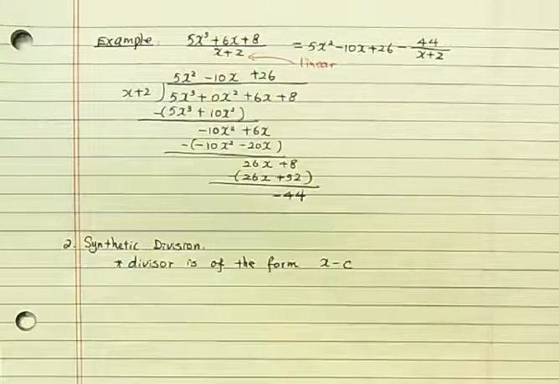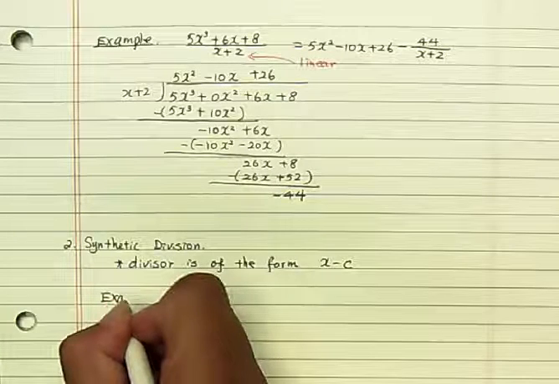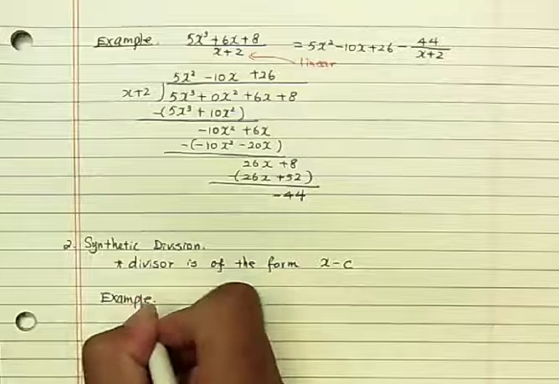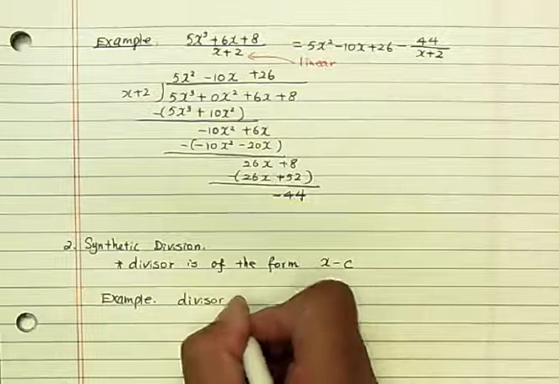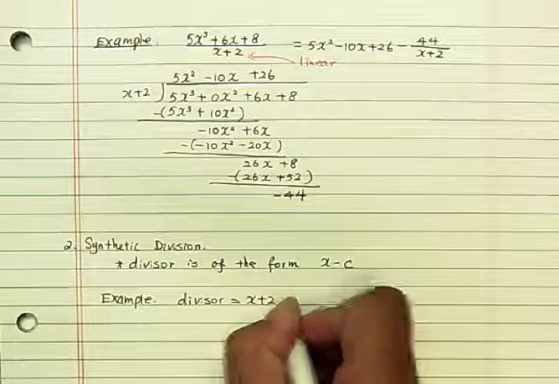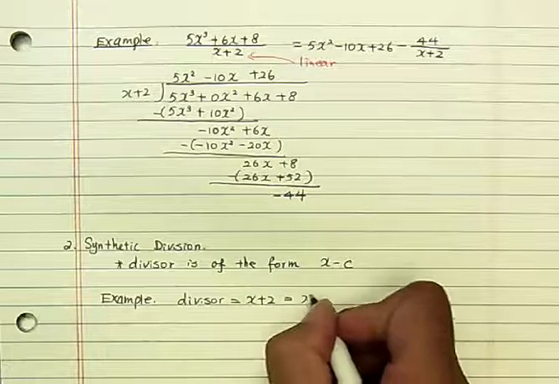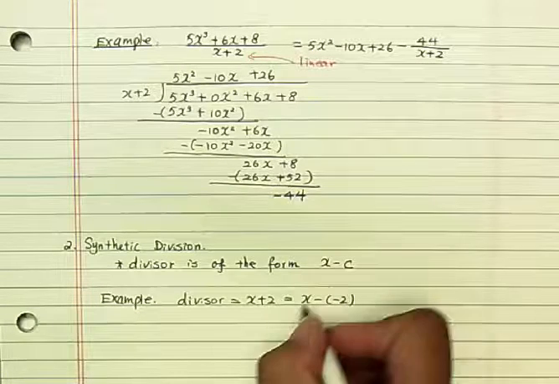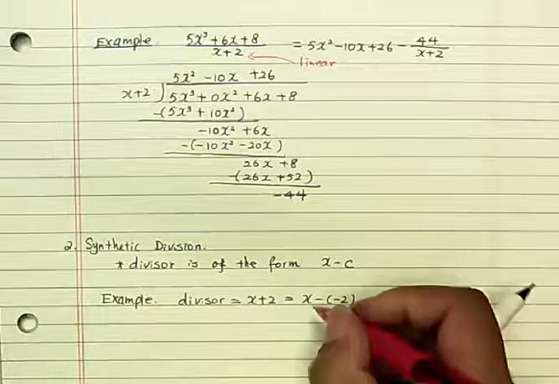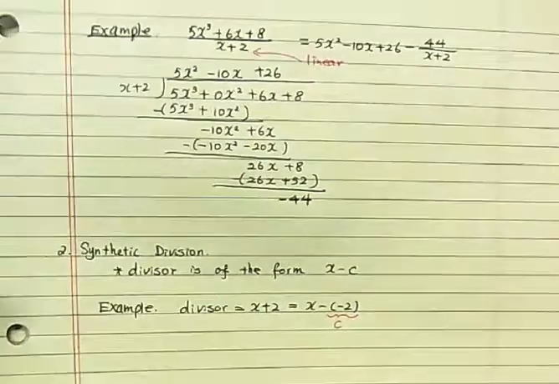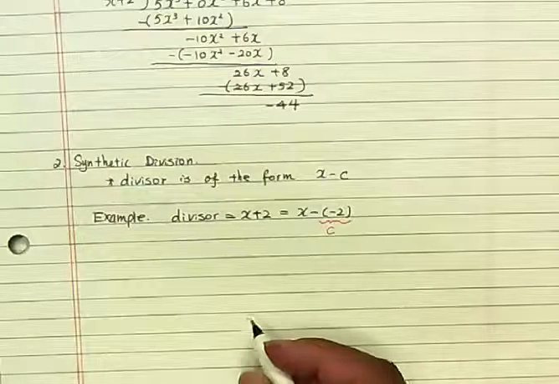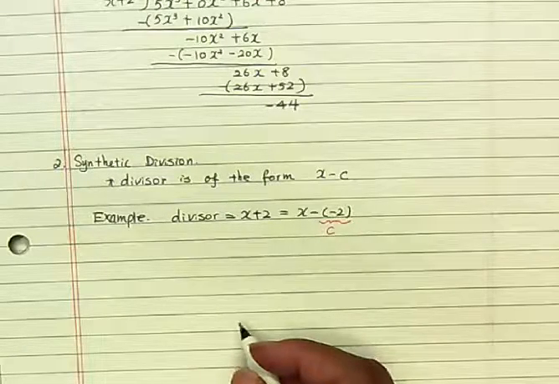Okay, let's take a look at the same example. If we look at the divisor, it is x plus 2. So let me write it as a subtraction. That will be x minus negative 2. So this is your c. How synthetic division works is we put down all the coefficients of each term.